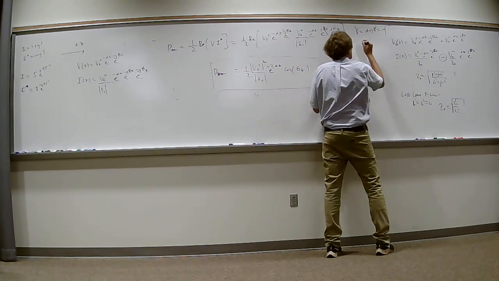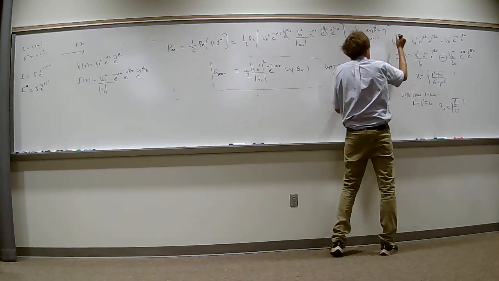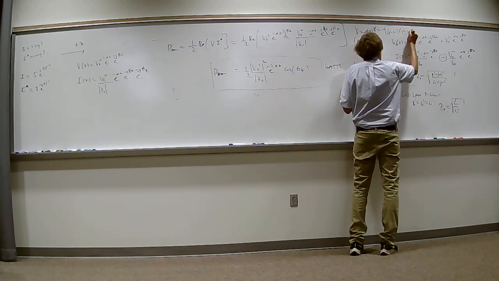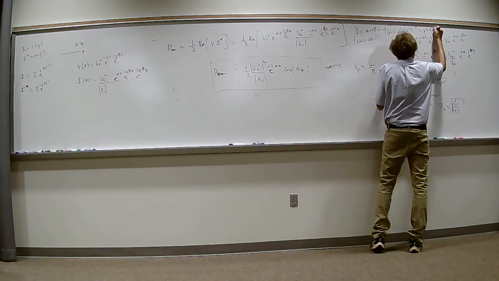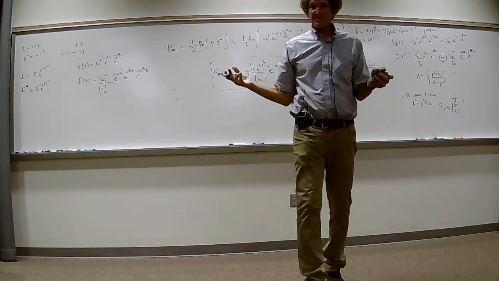Now, I'm just going to say this would only be for the lossless case. For the lossless case, R is 0. So you have j omega L prime, and then you have j omega C prime. That means this is j omega square root of L prime C prime. You all see that, class? That would be the propagation constant if it's lossless.